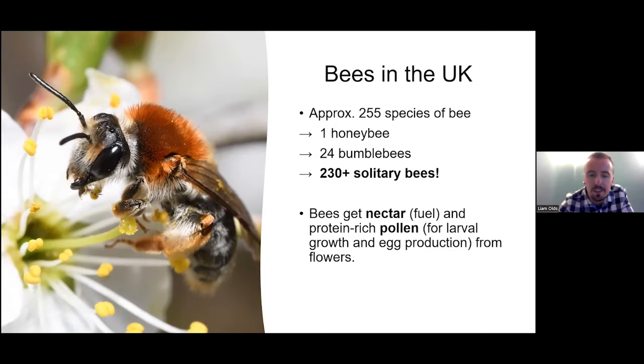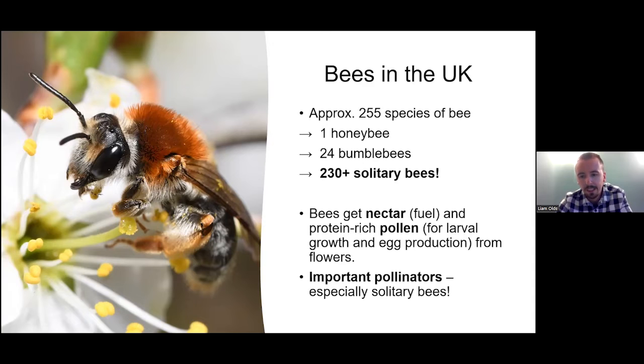And bees, as you will know, visit flowers because they want to gather the pollen to feed their young. But pollen is also important for the females because it's a protein source, so it's important in order for them to produce eggs. But they also visit flowers for the nectar, which is that sugar energy source, that fuel that gets them around where they want to go.